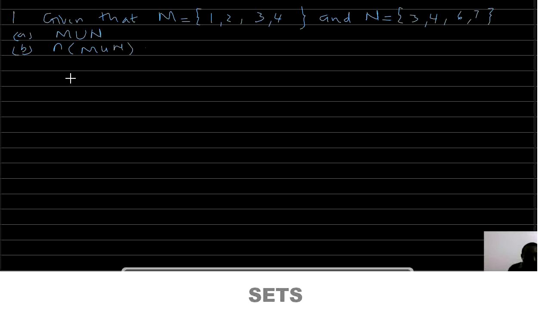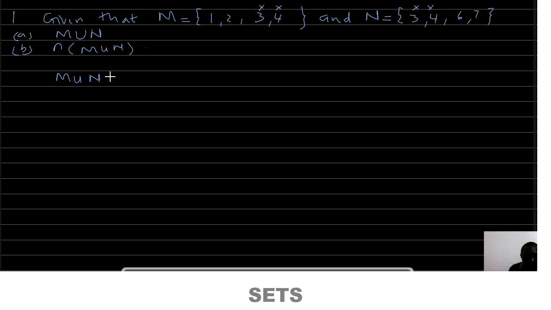Now to get the set M union N, we are going to write the elements of these two sets. The first step before we write the union is to identify the elements which belong to the two sets. We have 3 and 4 belonging to both set M and N. So those ones have to be written once.